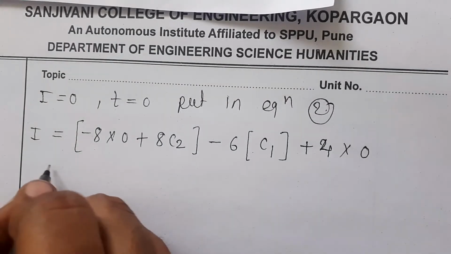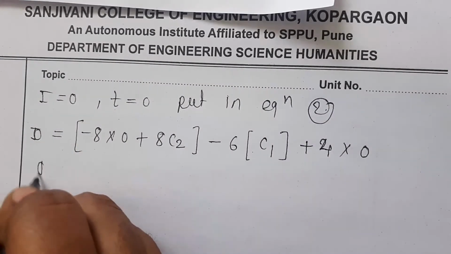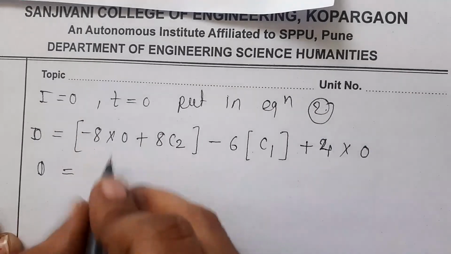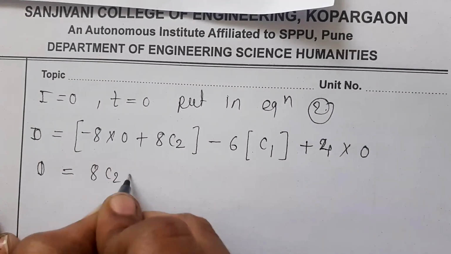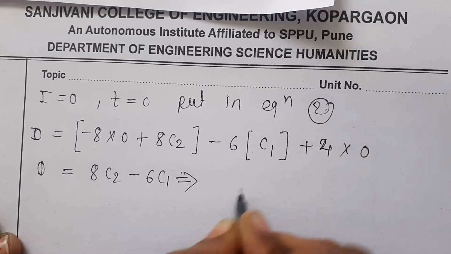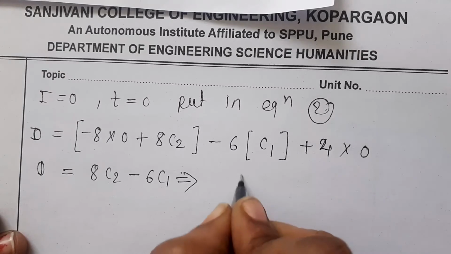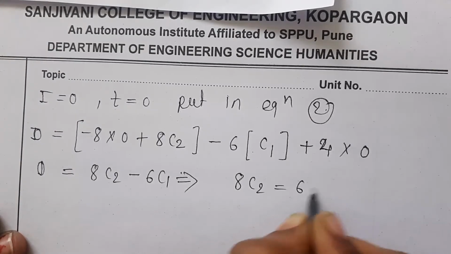So this is equal to I equals 0. So 0 is equal to, this term is 0, 8C2 minus 6C1. C1 value we have already found out, so 8C2 is equal to 6C1.